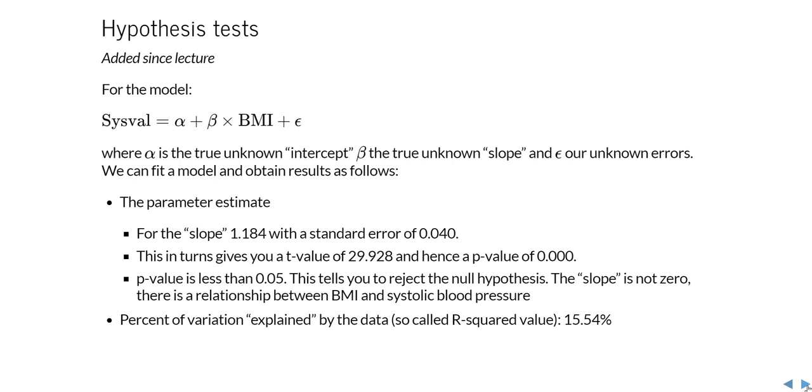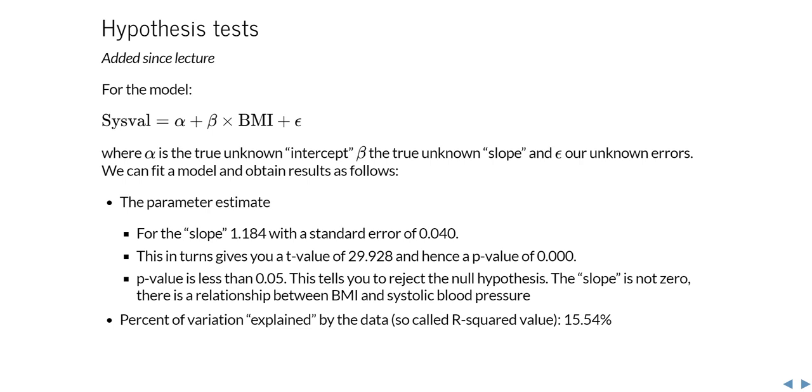Now if that model's okay, and I put it in R, I get an output that tells me I get a slope of 1.184, and that slope has a standard error of 0.04, and with those two numbers, that gives me a t-value of 29.928, and we can use that very much the same way we use t-values in t-tests, and that will tell me the p-value is 0.000 to 3 decimal places.